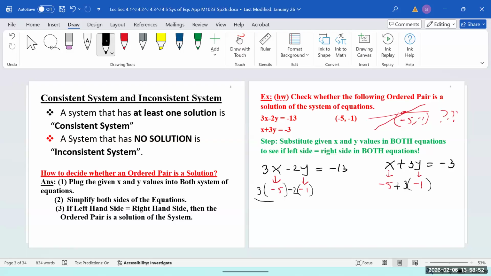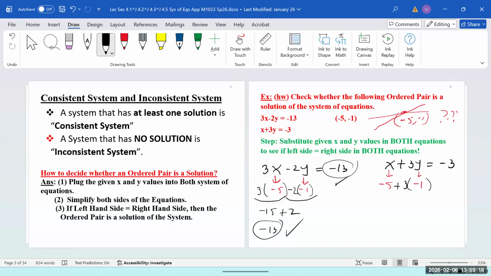So let's see, what is 3 times -5? -15. And what is -2 times -1? +2. So what is -15 plus 2? -13. Do we have the same thing? Yes, we do. So this one is satisfied.